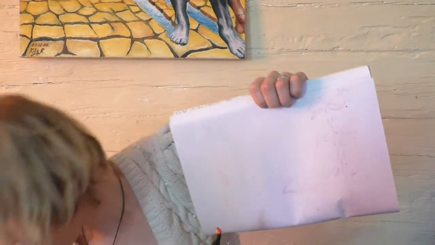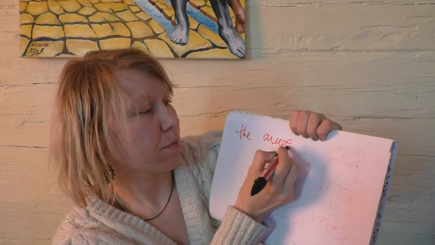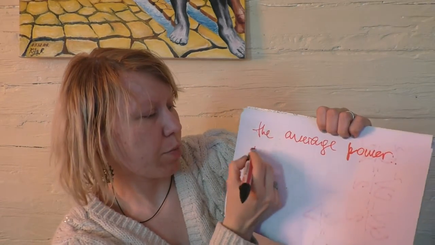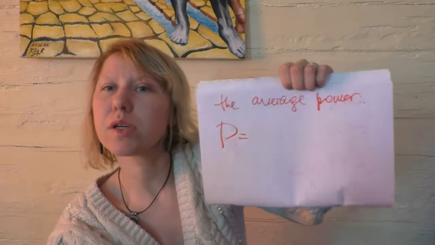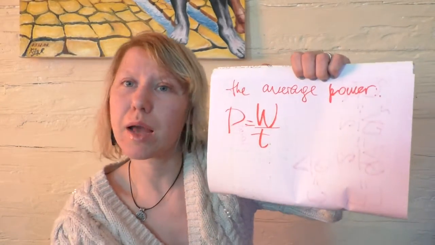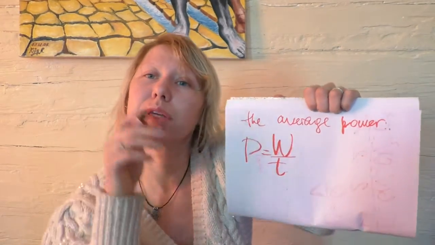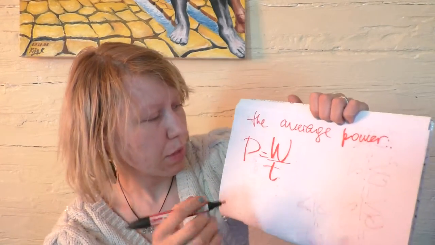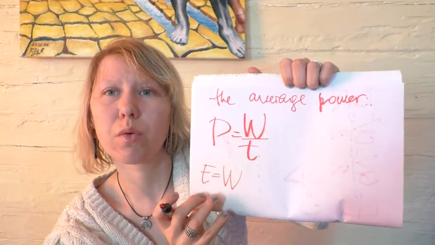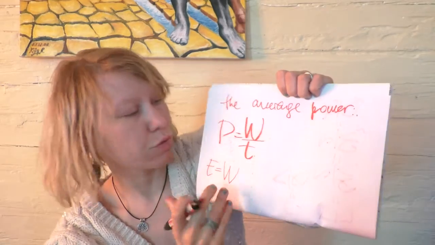Maybe we want to find one more parameter: the average power. Power is P, and usually it can be found as work divided by time, so how fast we can do the work. And we can say that our energy is equal to work, for example. The energy of a capacitor can produce work.